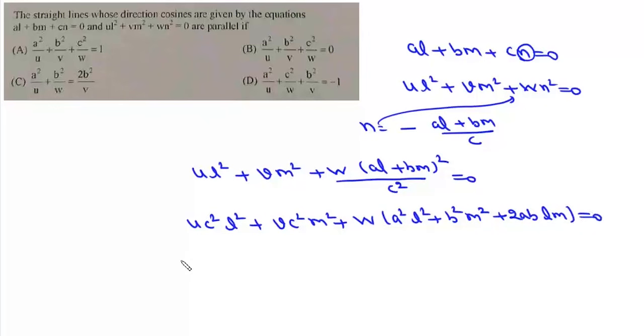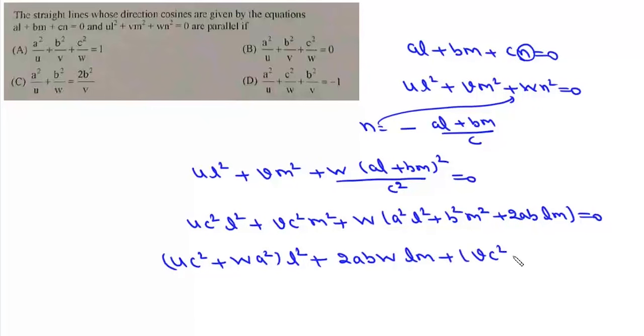Now we can write this as (UC square plus WA square) L square plus 2ABW L into M, and then plus (VC square plus WB square) M square equals 0.